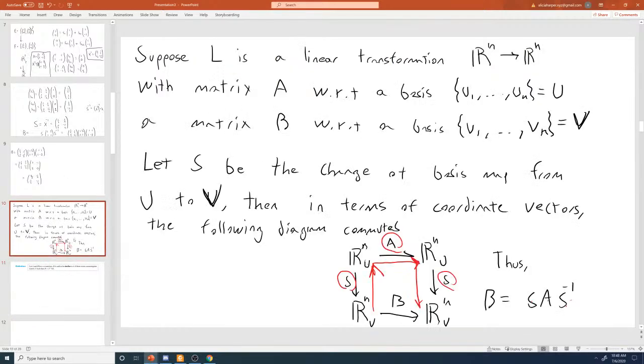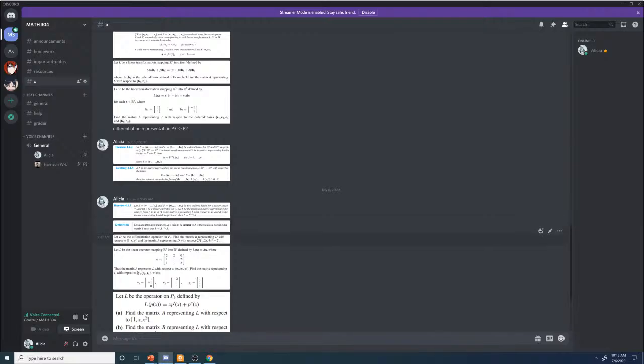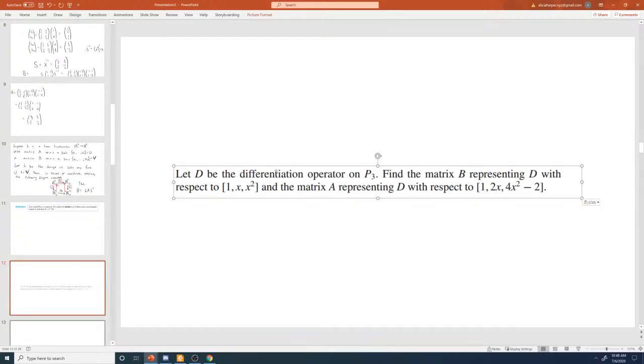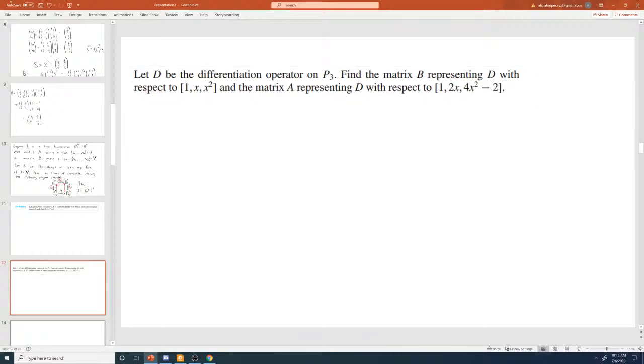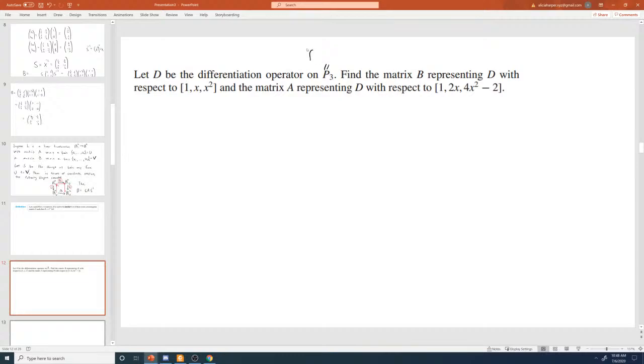So now that I've introduced the formal notion, I want to turn to some examples to give you a feel for how this works. So here's our first problem. Let D be the differentiation operator on P3. And here, let me remind you guys that P3 is polynomials of degree less than 3.